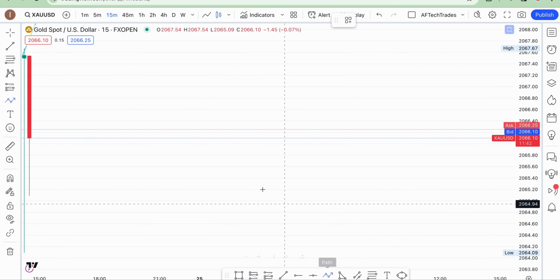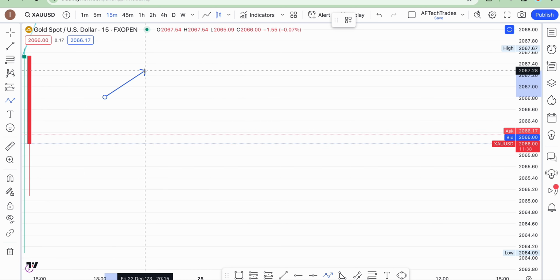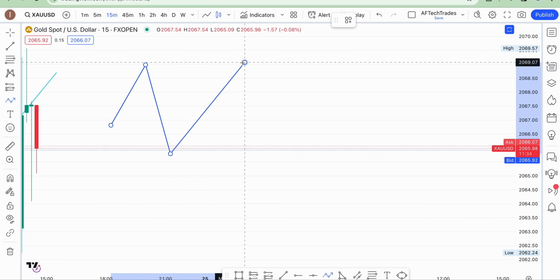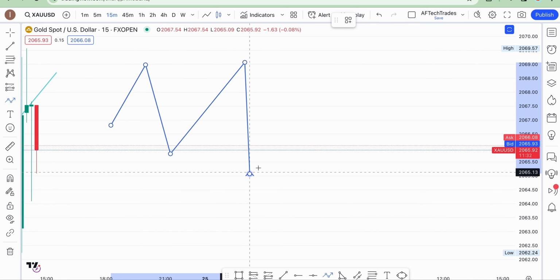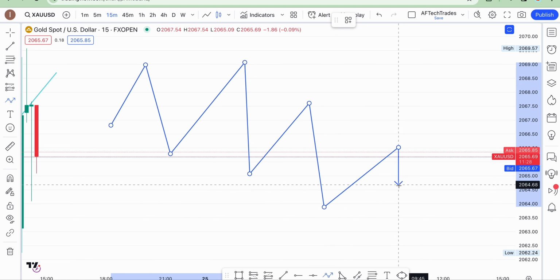So similarly, in a downtrend, when the market is forming a lower low and lower high, right? Forming a lower low, lower high, just like this.